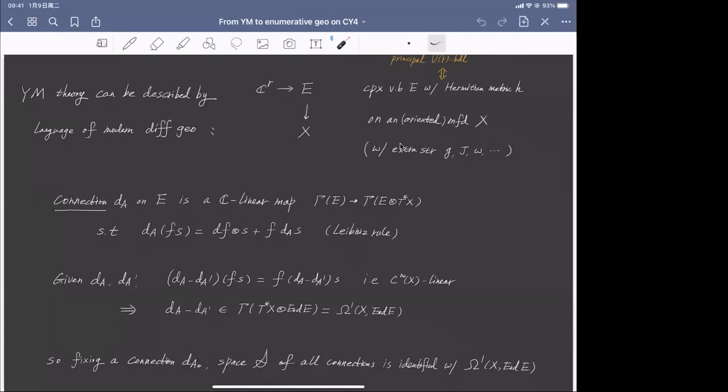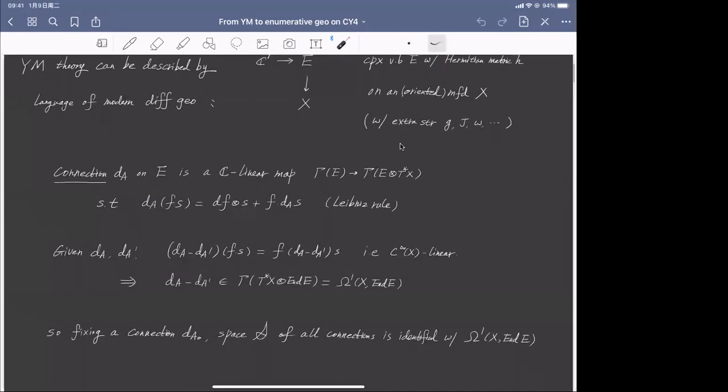We first take the ordinary derivative of the function and tensor with the section, and the second part is the function times dA applied to the section s. So this is the Leibniz rule. Any such C-linear map satisfying this condition we call a connection on this bundle E.